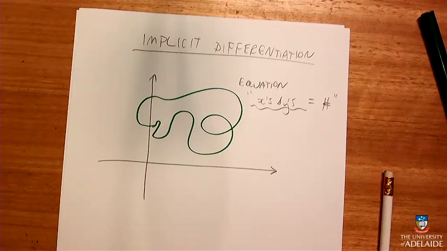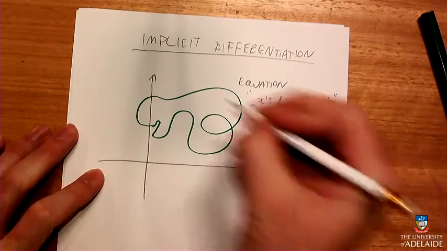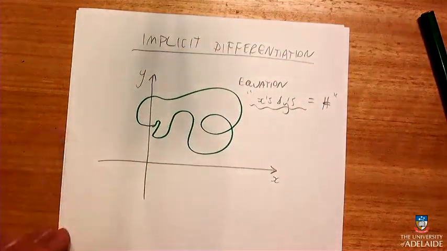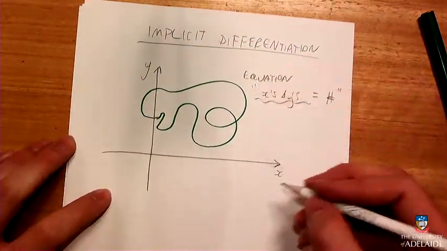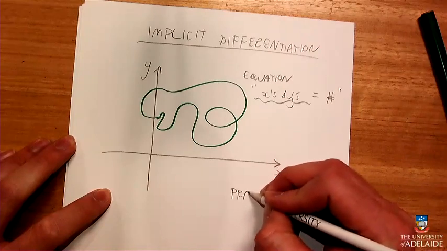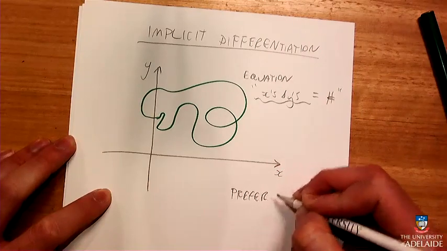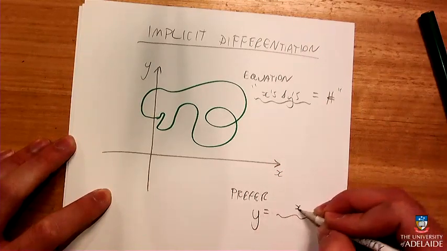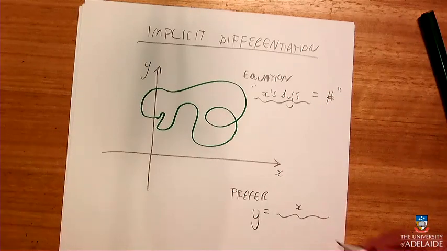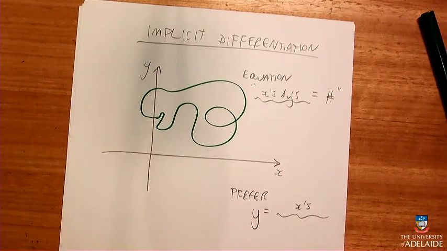But there's an issue with that, is that it's much easier for us to think about things on this xy plane when they are written as this. This has an equation like this, but we would prefer something more like this. Y equals something in terms of x's.